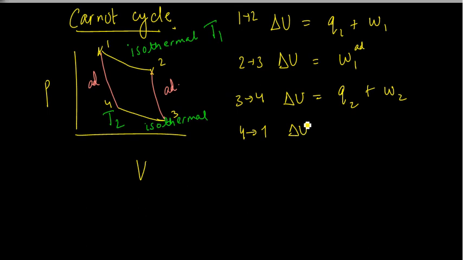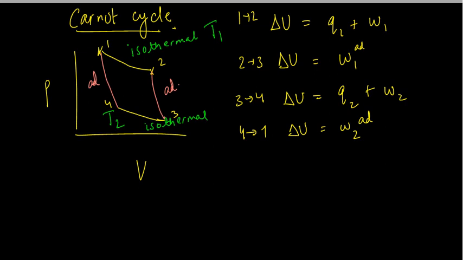Q is 0, this is just W2 adiabatic. Now see, wherever there are these subscripts 1, that means work is done by the system and heat gets into the system. Wherever we have subscript 2, work is done on the system, and heat goes out of the system. So that just makes it simple.